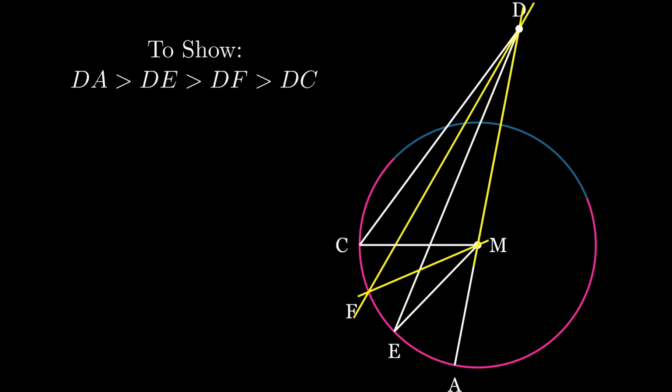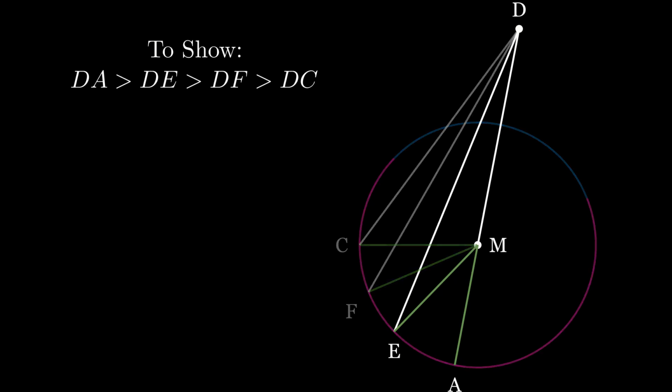This gives us three triangles. A property of triangles is that any two sides, together, will be longer than the third. Another property to take note of is that MA, ME, MF, and MC are equal lengths because they are radii of the same circle.